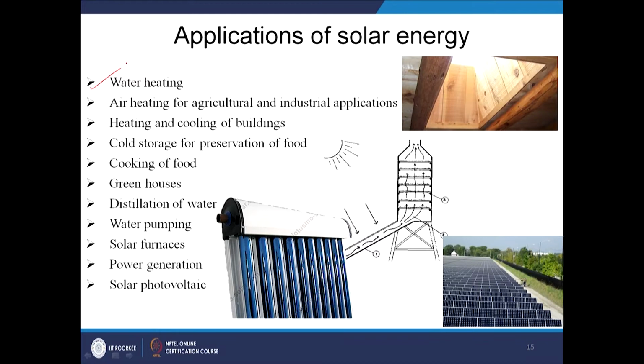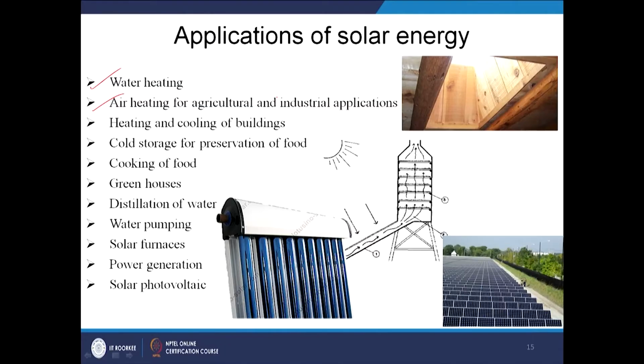Important applications are water heating and air heating for agricultural and industrial applications, like drying of crops or any feedstock for processing, or even waste sludge drying. These are some examples of the direct application of solar energy in industry and agriculture.